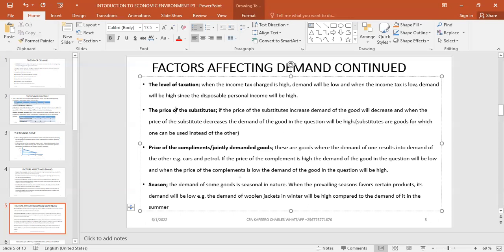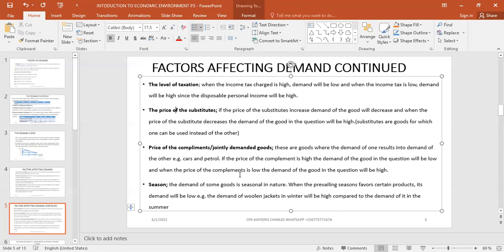If let's say someone finds that the price for a bottle of Coca-Cola has increased, someone will just opt to go with the bottle of Pepsi Cola, which you may find that the price has not changed.